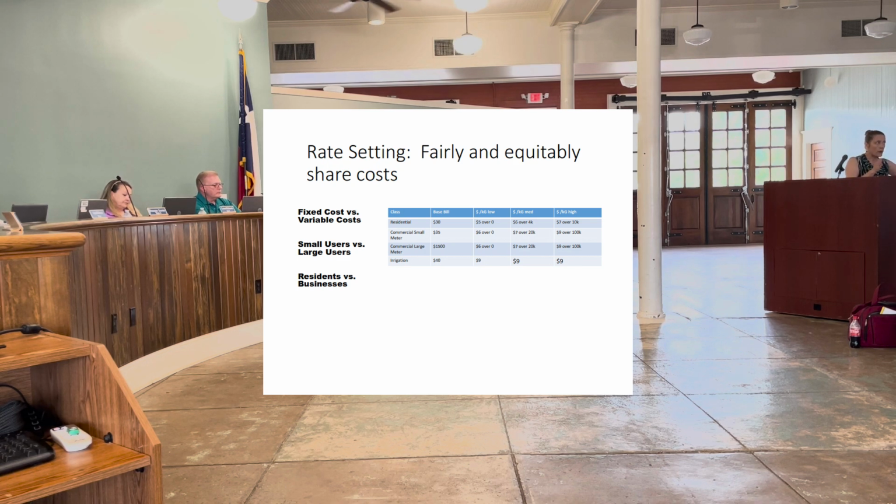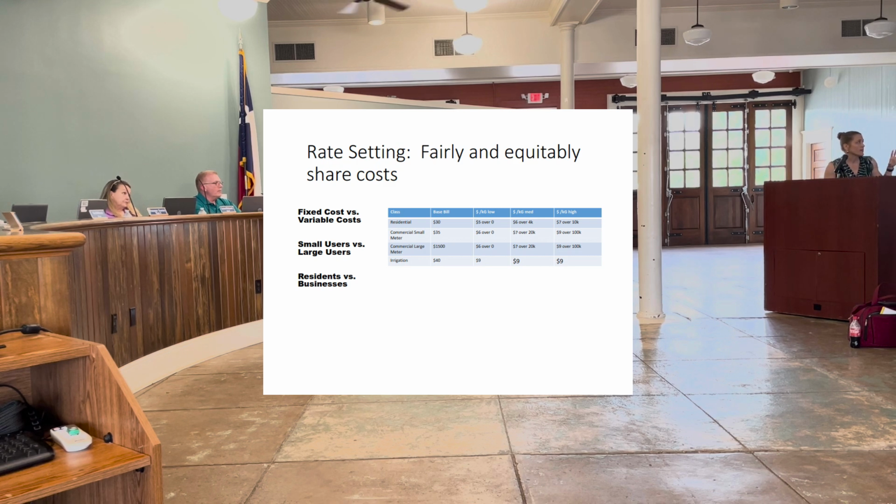It's apples to oranges. So in this example, that a couple of other cities use, you have a different per gallon low, per gallon medium, per gallon high. Here we go from 0 to 10, 10 to 20, 20 to 50, 50 to 100. You get big jumps for commercial where you don't have those big jumps for residential.